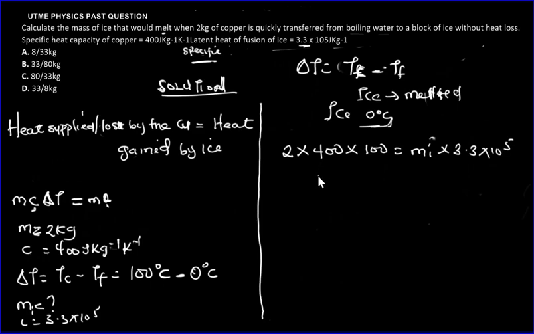So this is 8,000 times 10 to the power 4, equals 3.3 times 10 to the power 5 times the mass of ice.